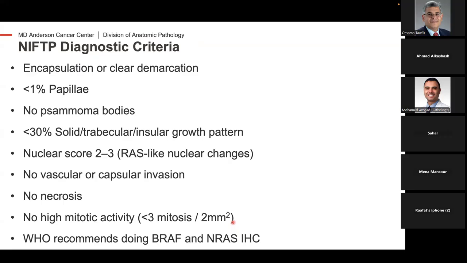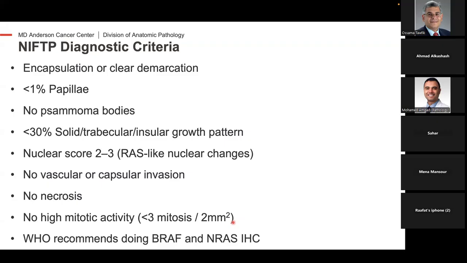No psammoma bodies. If you have psammoma bodies, you can't call it a NIFTP. Less than 30% solid trabecular and insular growth pattern. Once most of the lesion is solid trabecular insular, you should be worried about a more aggressive tumor like a poorly differentiated thyroid carcinoma.